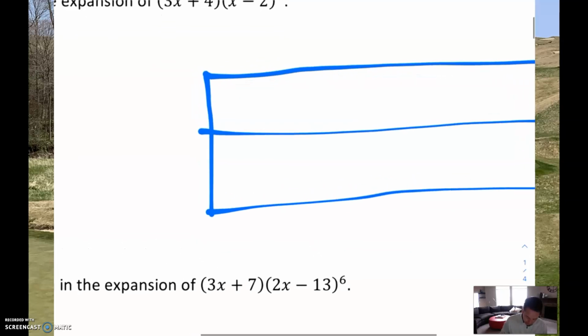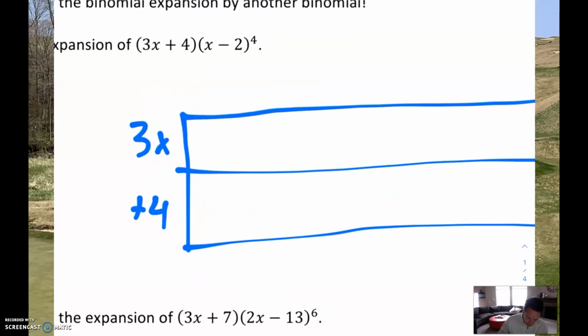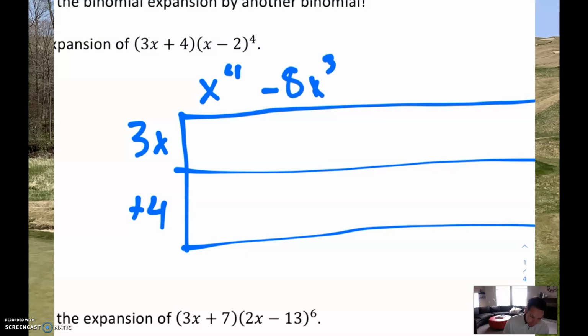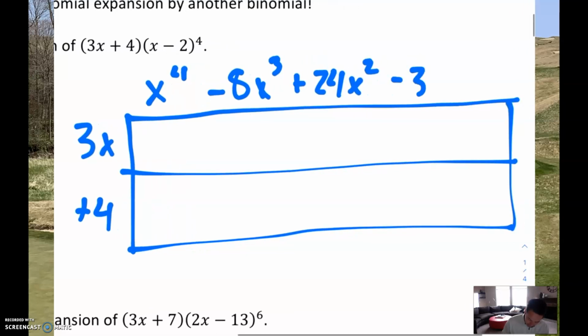If you have, I'm going to draw a lot of boxes here. And what we're doing is we're taking this polynomial, 3x plus 4, and multiplying it by this entire expansion, x minus 2 to the fourth. I've already figured out what this is. It becomes x to the fourth minus 8x cubed plus 24x squared minus 32x plus 16.